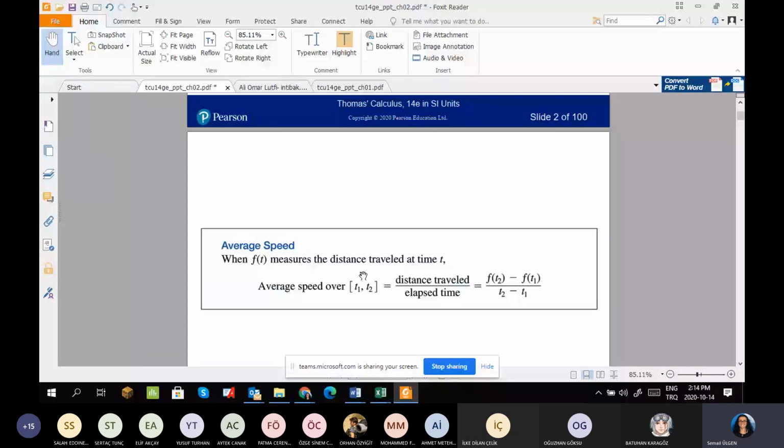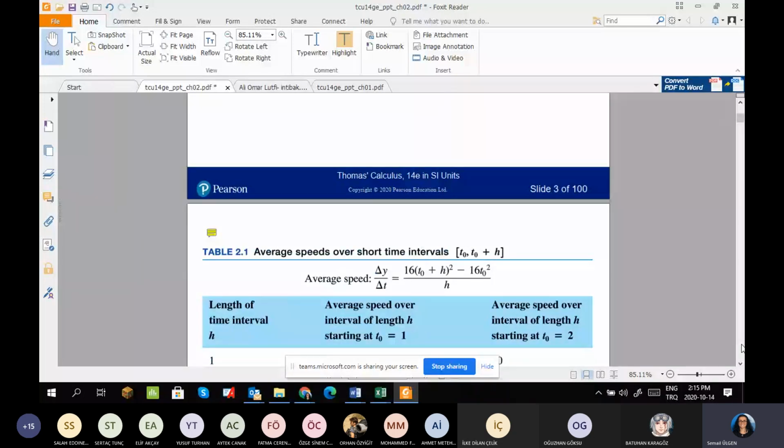It just shows how far you traveled. Okay, the object moved. So therefore, here's the definition. Average speed over the time interval t1, t2 is the distance traveled on that time interval over the time that's elapsed. Okay. So f of t2 minus f of t1 over t2 minus t1. So this is a very easy formula to remember, to understand.